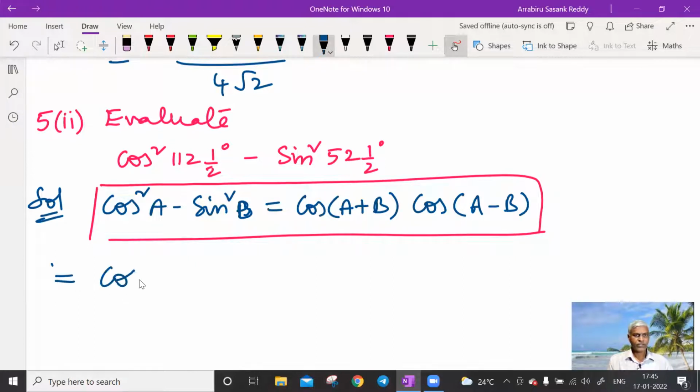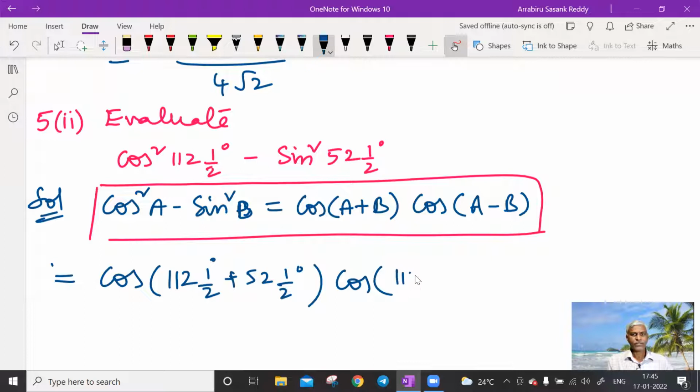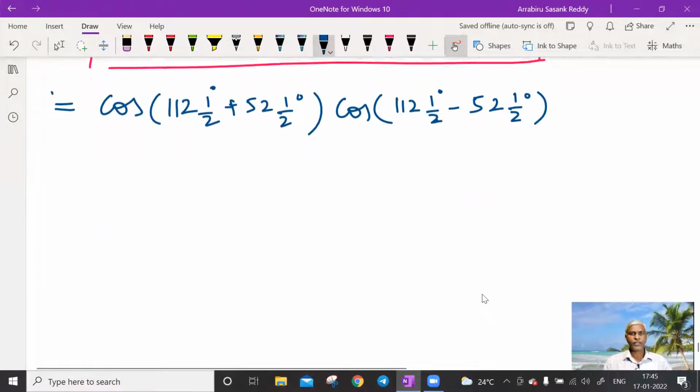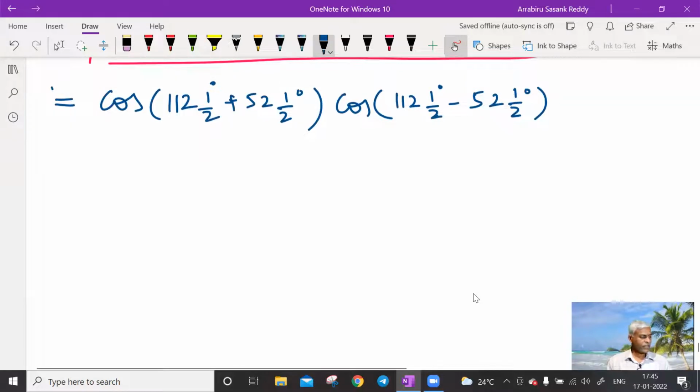So this is equal to cos 112 and a half plus 52 and a half, and cos 112 and a half minus 52 and a half.